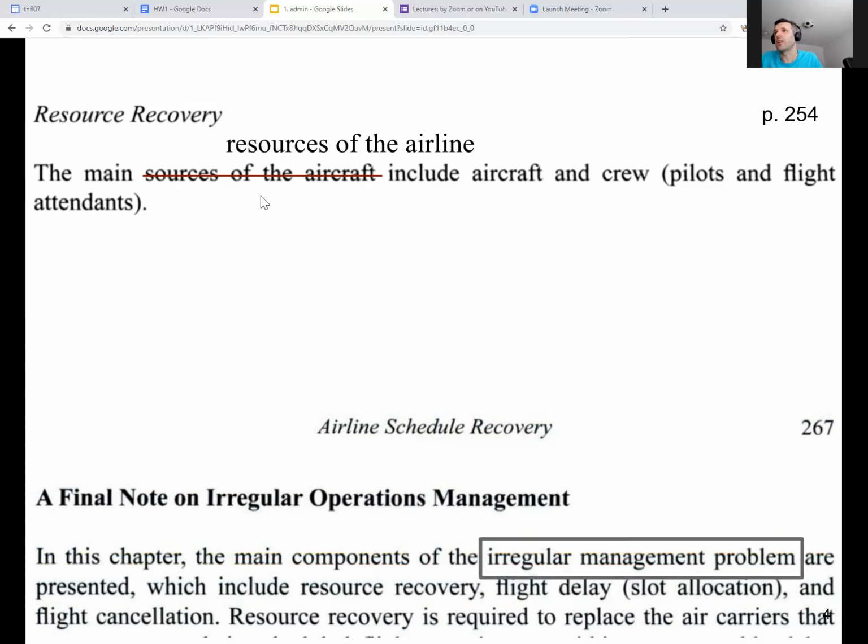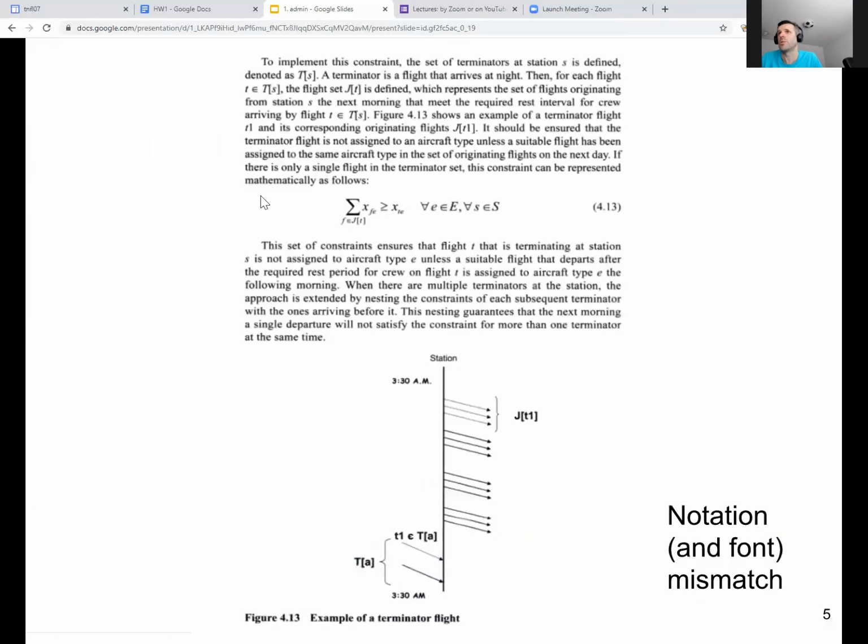Similarly here, irregular management problem. Both of these examples are from the last section of the book, irregular management, which you may want to read yourself. Well, what is an irregular management problem? It's an irregular operations management problem again. There are quite a few places in the book which are not ideal.